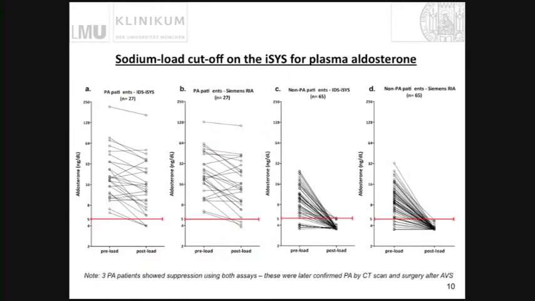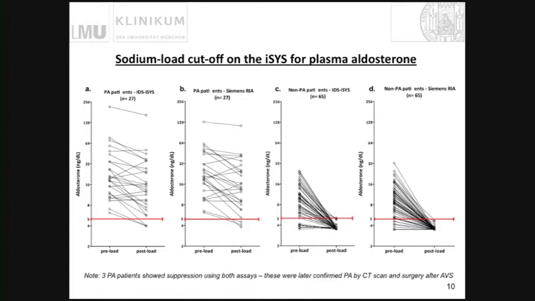So here I want to show you on the left two panels are primary aldosteronism patients, and on the right two panels, non-primary aldosteronism confirmed to be negative post-saline load. And here 5 nanograms per deciliter is the cutoff which is used in Munich to decide suppression or not. So this is the data pre and post saline load, and once again we want to show that the ISYS assay is equivalent to what is currently used in Munich, which is the Siemens Coat-A-Count RIA.